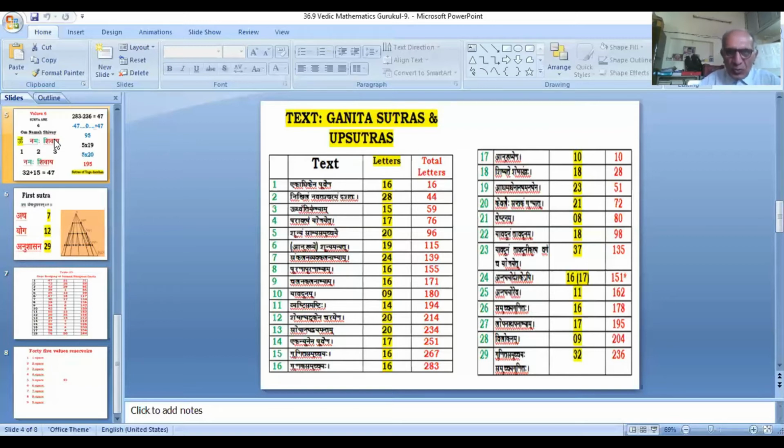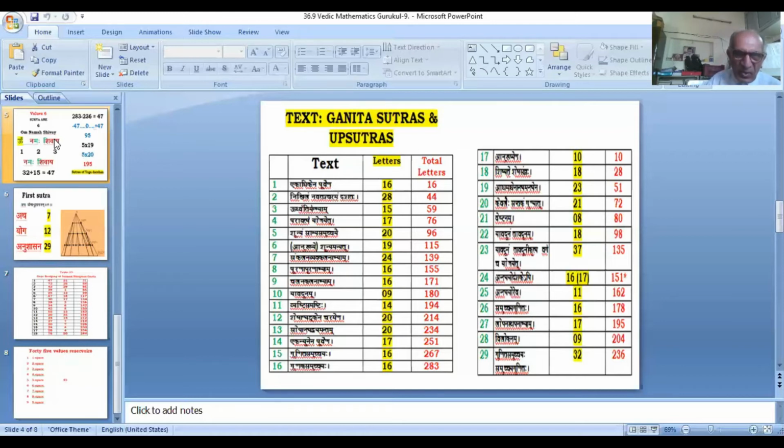Therefore, today our focus with respect to this value of the text of Ganita Sutra 1 takes us to its 16 letters. So value of the previous session of Ganita Sutra 1 has been 2 parallel to 2 words composition.